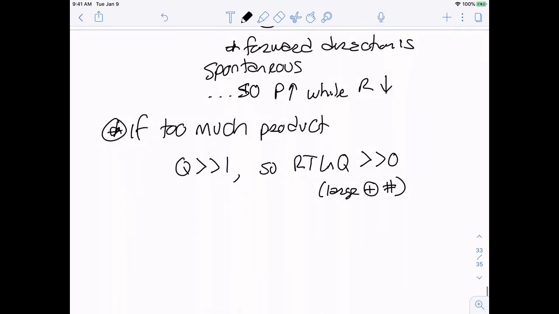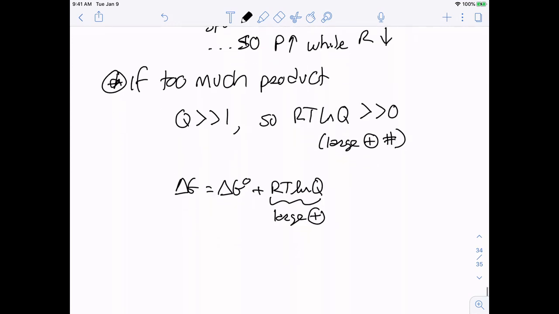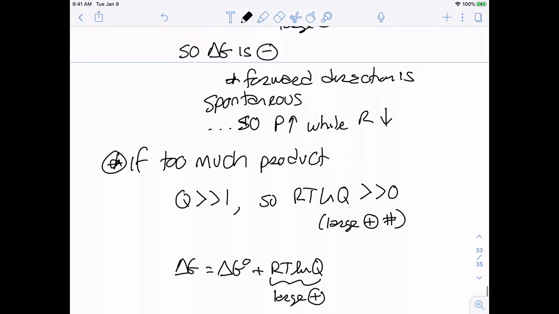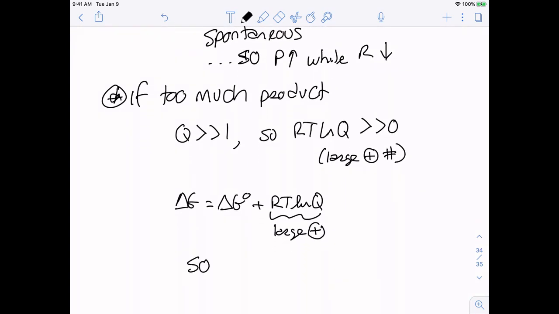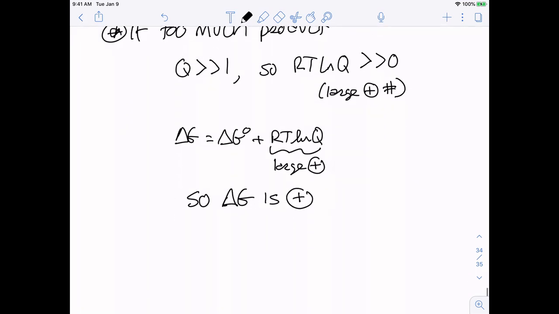So back to our equation, right? Delta G is equal to delta G naught plus RT natural log of Q. This is a large positive. So when I add that to my free energy change that's at standard state, delta G comes out to be positive. So what that means for us, the forward direction is non-spontaneous, so the reverse direction is spontaneous.